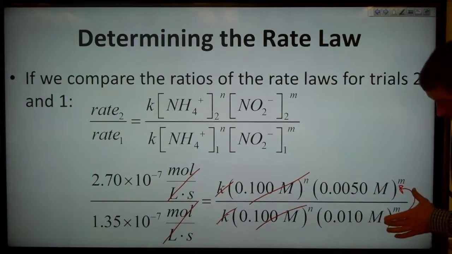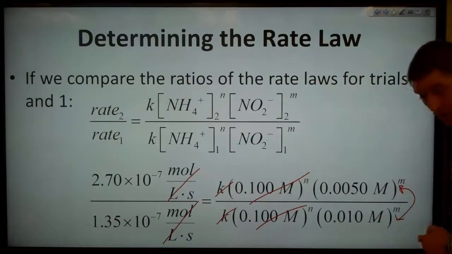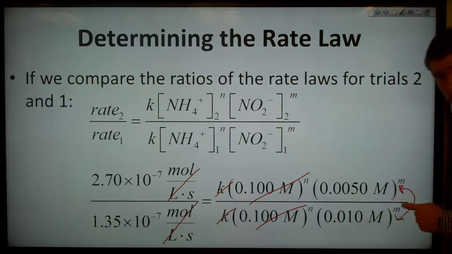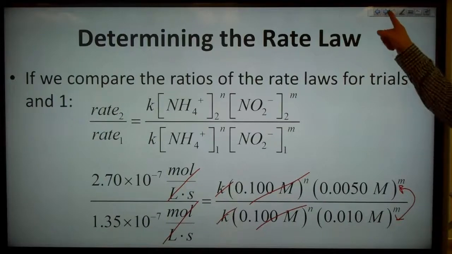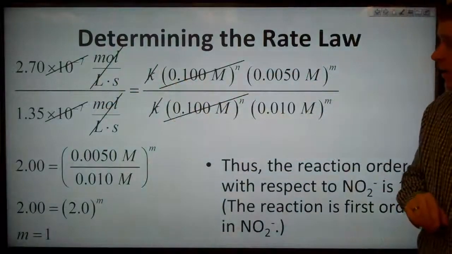And so now we're left with, once we flip it, the 0.010 molar divided by 0.0050 molar. So we're left with 2 to the m on this side. I've canceled out a bunch of stuff there.